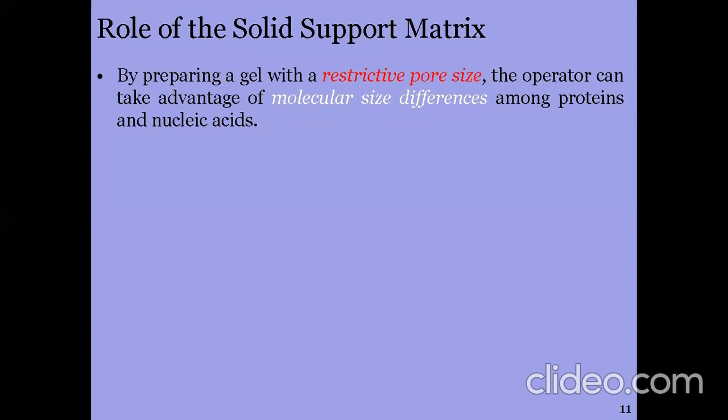But if the protein or the RNA or DNA size is smaller, then we have to make the pore size smaller in order to restrict them within the gel, so they cannot freely move through the gel.